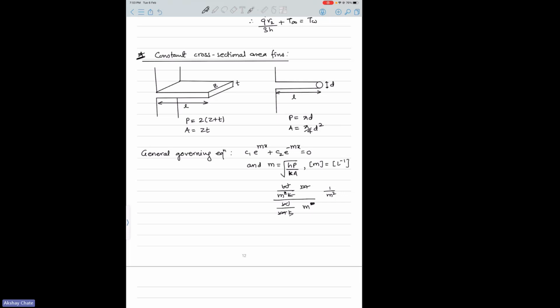I don't want to give you wrong data. Yeah, I think it is 1 by meter square.